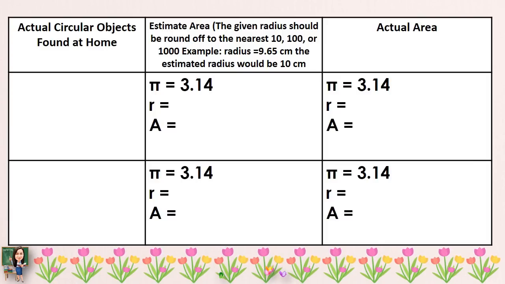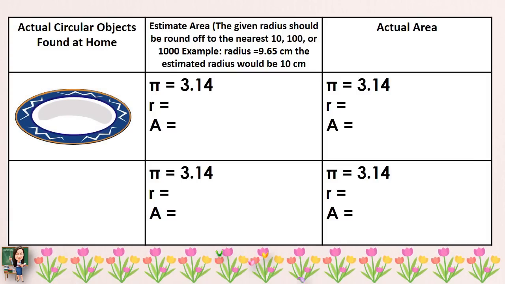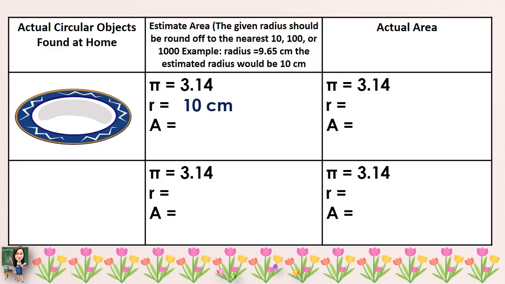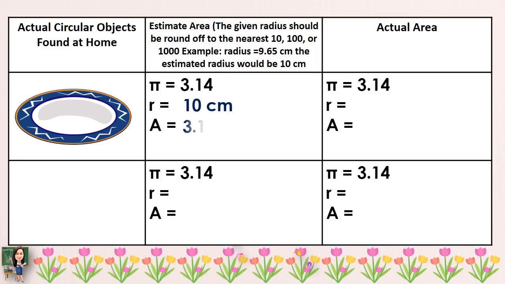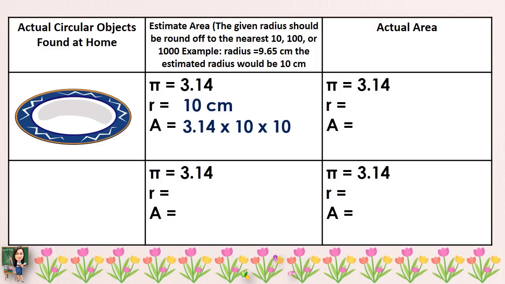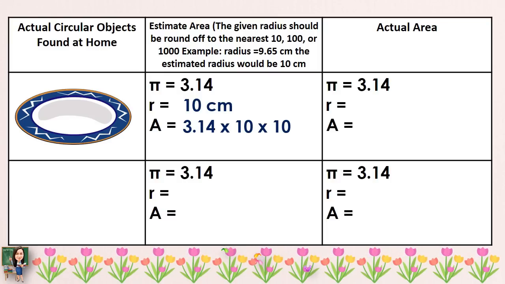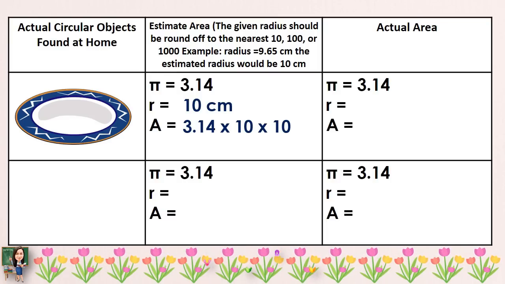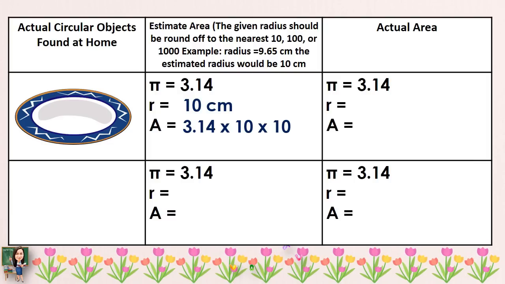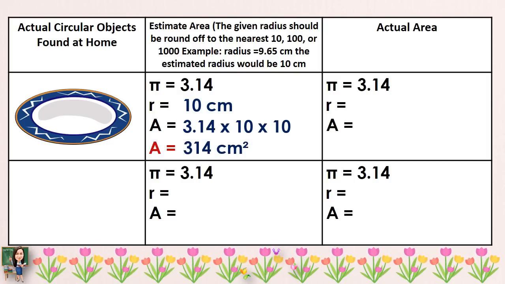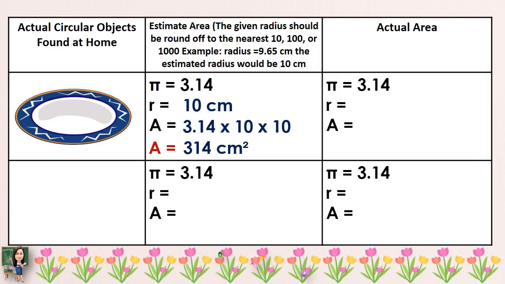For example, a plate. Pi equals 3.14. Now the radius is 10 centimeters. Multiply the pi, which is 3.14, times the radius, double the measure of the radius. 10 times 10. 3.14 times 10 times 10 equals 314 square centimeters.